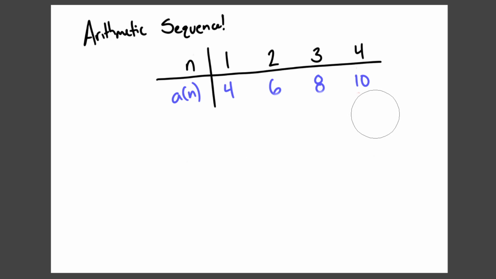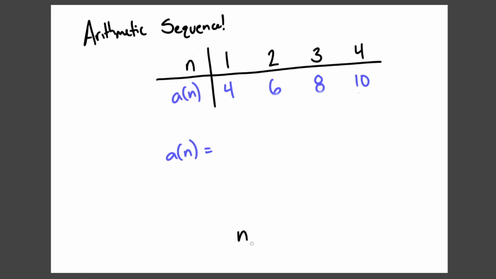Okay. So looking back at my sequence here, let's look at how we can write different equations. Looking at this, there's 2 ways of writing this. If I'm going to write these in terms of each other, a of n and n, I would write a of n is equal to, and there's a couple of specific terms we need to know.